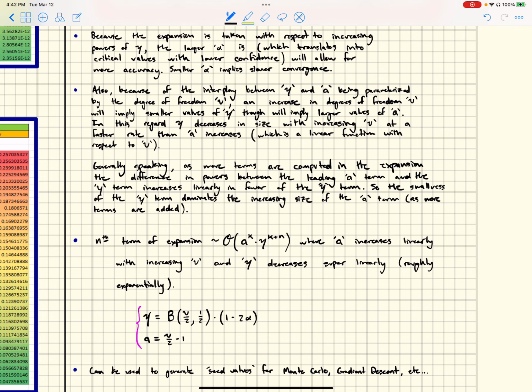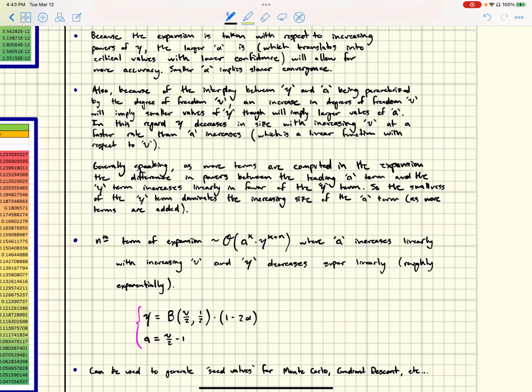And generally speaking, as more terms are computed in the expansion, the difference in powers between the leading A term in the polynomial and the gamma term increases linearly in favor of the gamma term. So the smallness of the gamma term dominates the increasing size of the A term as more terms are added.